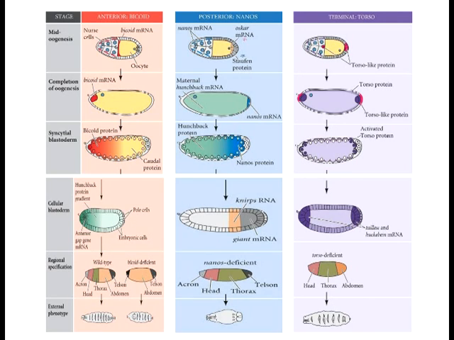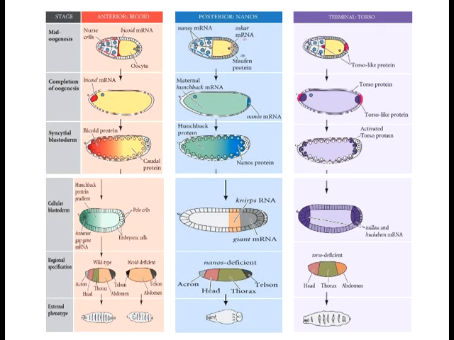There are other proteins that are also being made. Hunchback and caudal are initially dispersed evenly throughout the entire cytoplasm of the oocyte. So they're everywhere. Hunchback and caudal start out everywhere.